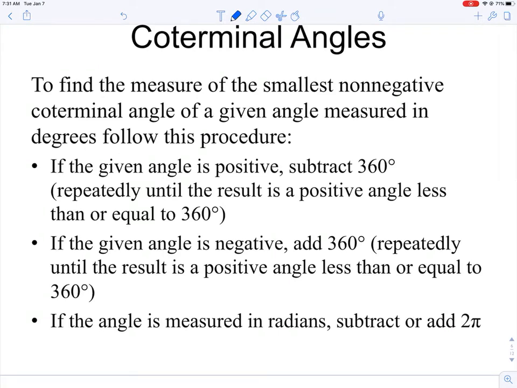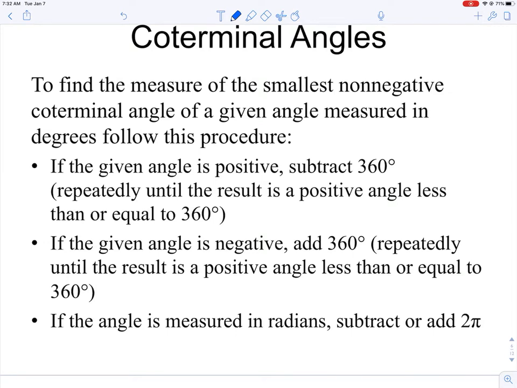Now, to find the measure of the smallest non-negative coterminal angle, which will be the most useful for us: every angle has infinitely many coterminal angles, but it's usually useful to find the smallest non-negative coterminal angle. So basically the angle that's between 0 and 360 degrees, or between 0 and 2 pi if you're in radians. So if you're given an angle that's positive, you would subtract 360 degrees repeatedly until you have that angle.